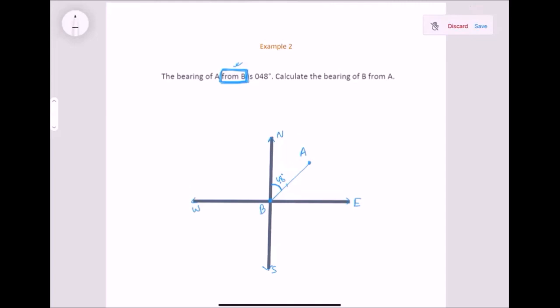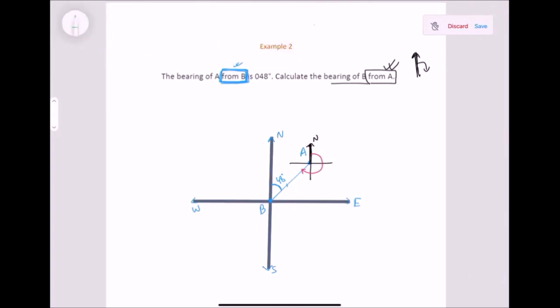And now we need to calculate the bearing of B from A. So now the angle will be at point A. So at A, the angle has to be calculated from the north line in a clockwise direction. So I can draw the north-south line here, and then I need to move in a clockwise direction from this north line. So that's the angle, that's the bearing.